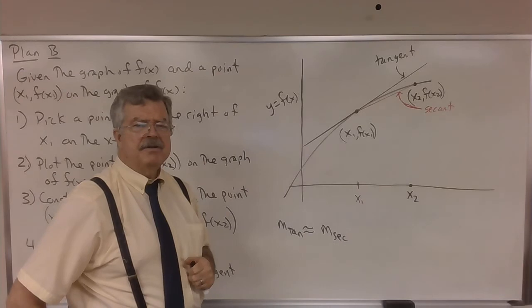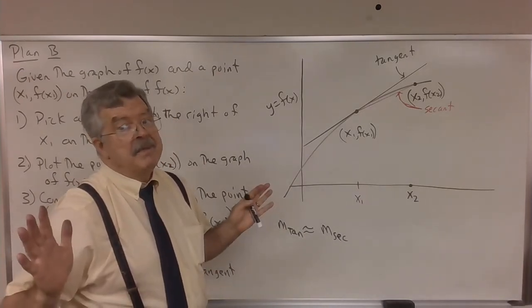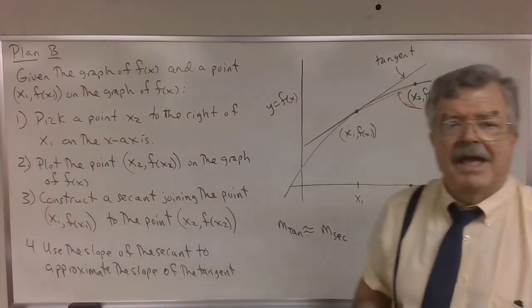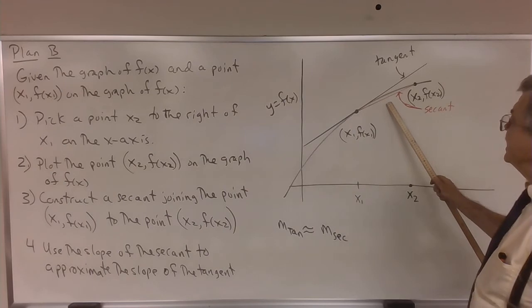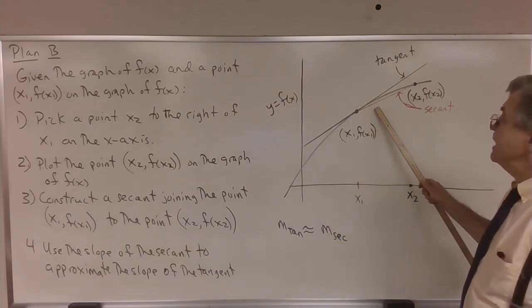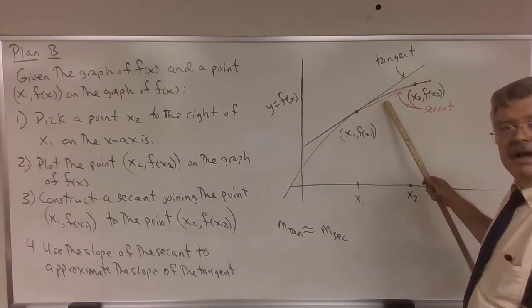Now, why would I want to do this? Beggars can't be choosers. I've got to take what I can get. And this secant has a property that the tangent line doesn't. Namely, I know two distinct points on this secant line.